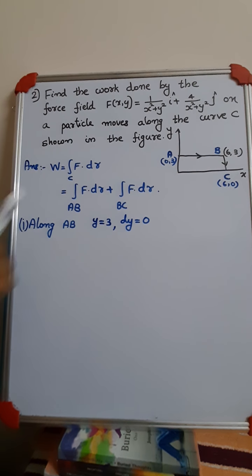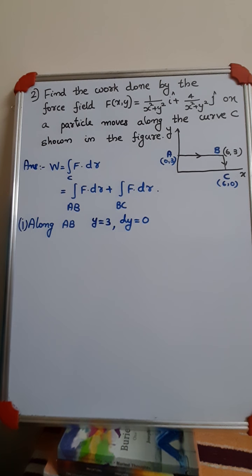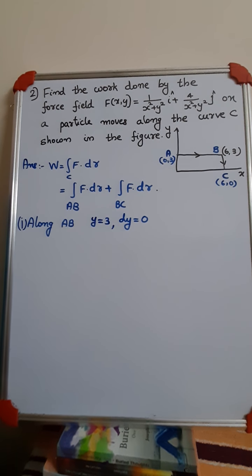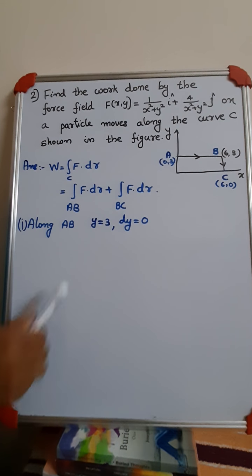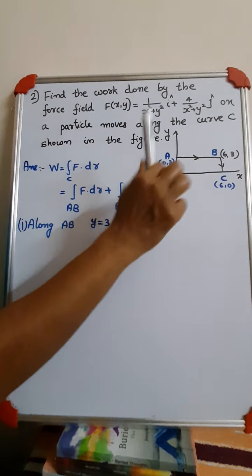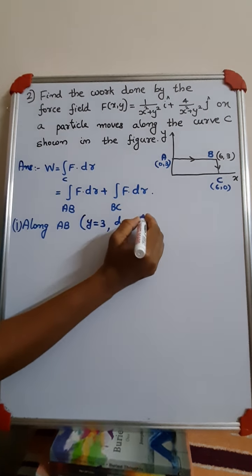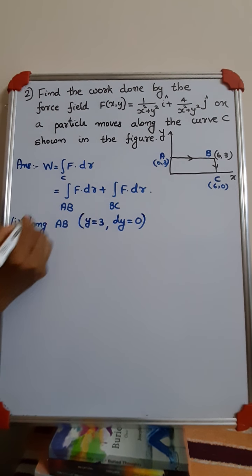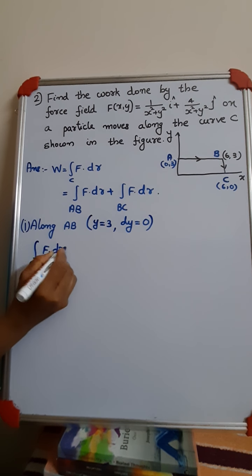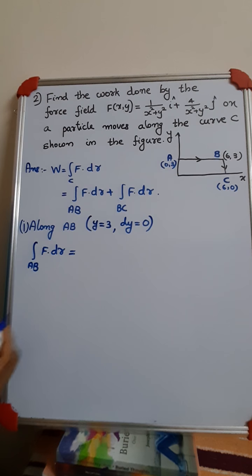In this case, the parametric form is not given. That means we have to write the answer in terms of x and y. That is why we choose y equal to 3. The straight line AB is y equal to 3 and dy equal to 0. So the integral over AB of F dot dr is equal to, what is the formula?